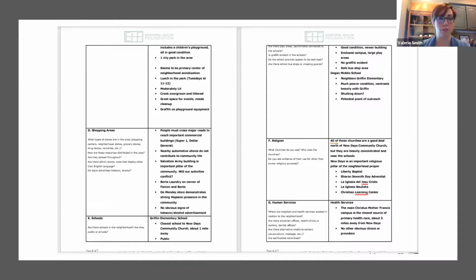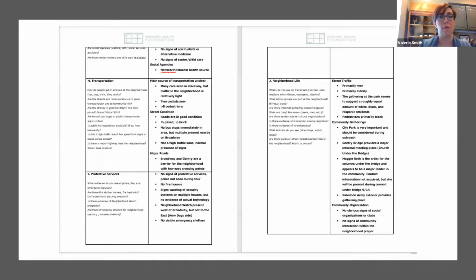So what food sources are there already, schools and religious organizations that are there, what other health services may be there in addition, because those may all be really important potential partners. Also understanding what is there and what's not there is really important as we were deciding what organizations we wanted to make sure we invited and included to come into the community for those events. And then transportation options, how walkable is it? And then looking at safety as well as just neighborhood life.